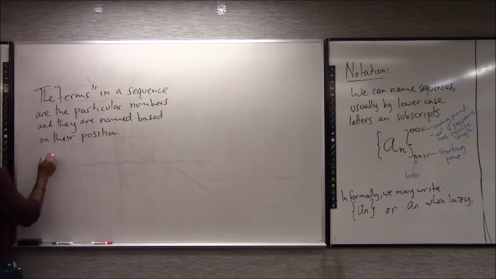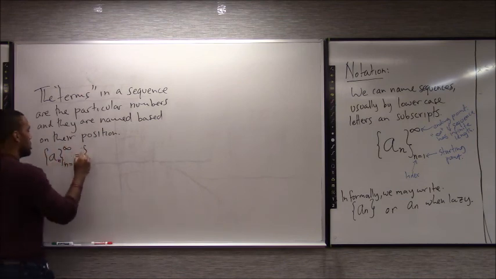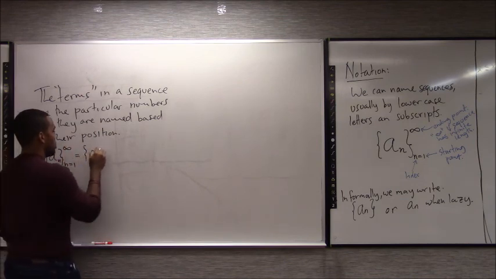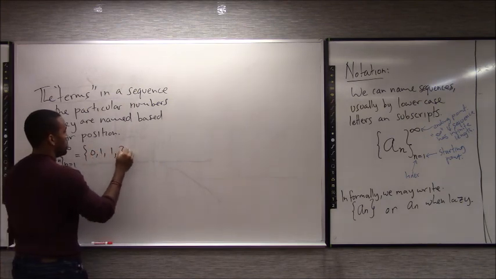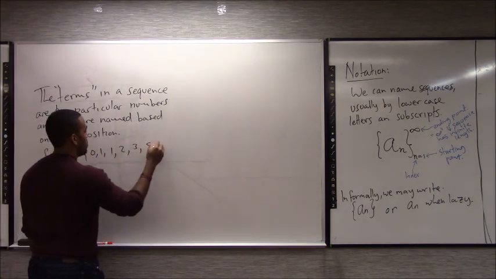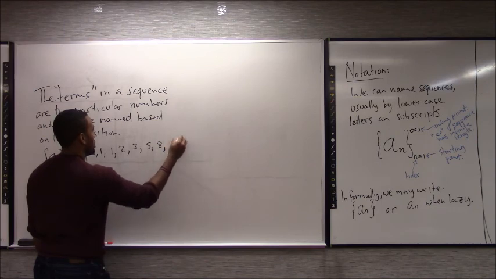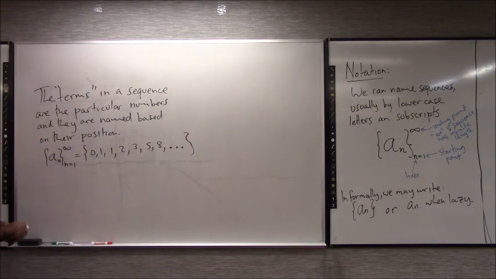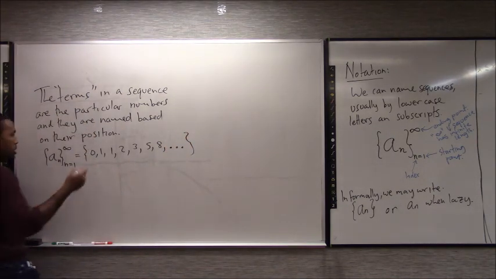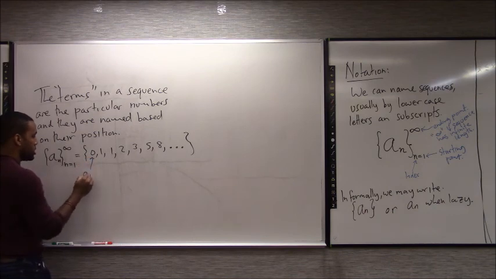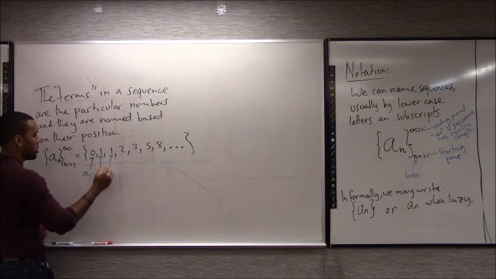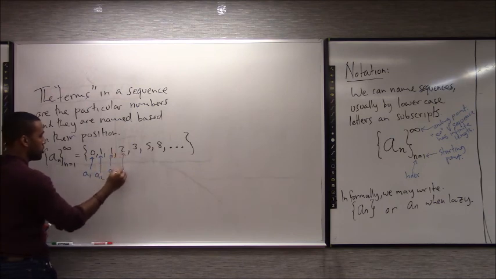So I can say the sequence a_n from 1 to infinity is the sequence 0, 1, 1, 2, 3, 5, 8, dot, dot, dot. In which case, the 0 is what we would call a sub 1. This will be called a sub 2. This would be called a sub 3, and so on and so forth.